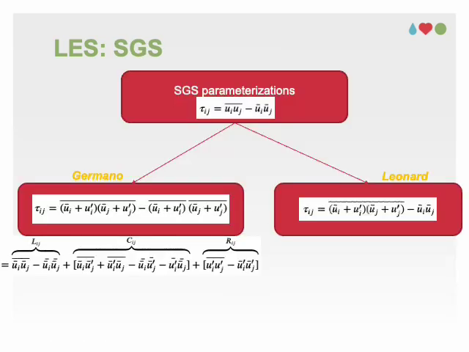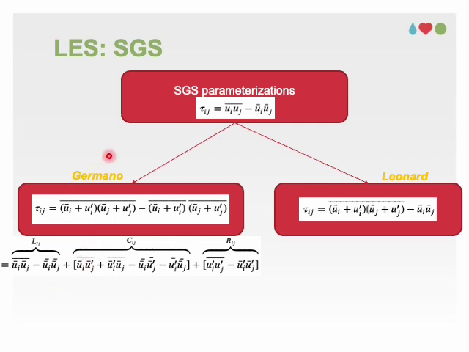For the sake of simplicity, I will introduce just two types of dynamic subgrid scale models, Germano and Leonard. The Germano model solves a nonlinear equation that relates the subgrid scale stress to the resolved velocity gradient. The model is relatively simple and computationally efficient, but can be sensitive to the choice of filtering method and grid resolution.